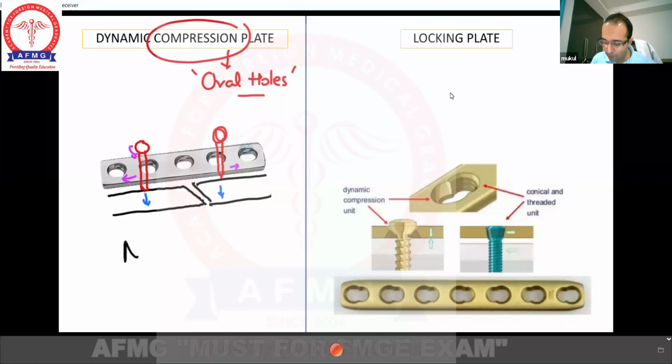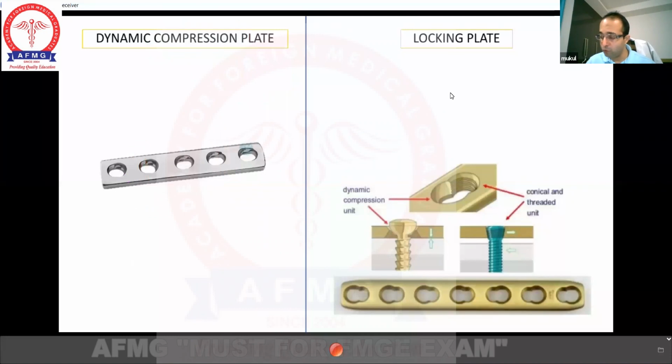And then I hope you remember Newton's third law: every action has an equal and opposite reaction. So if the screw pushes the plate out, the fracture will be pushed in, leading to compression. So that is how oval holes lead to compression, by Newton's third law.